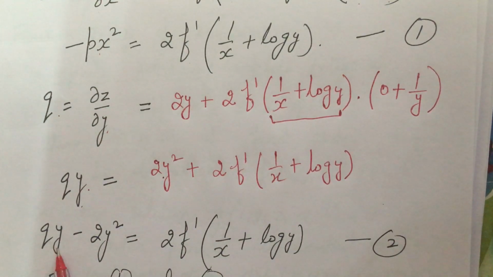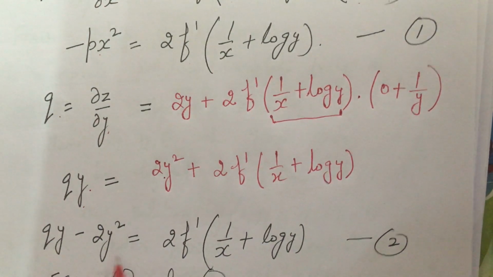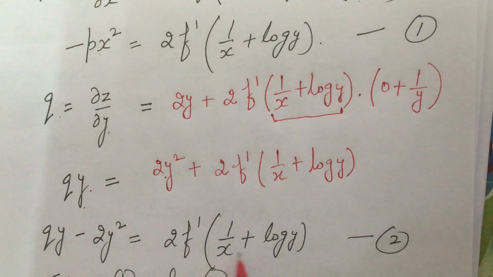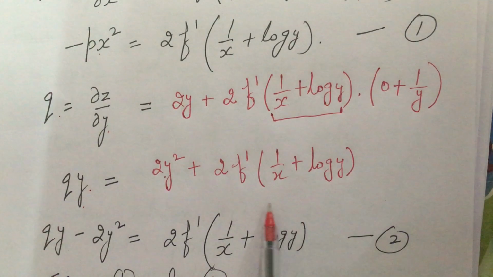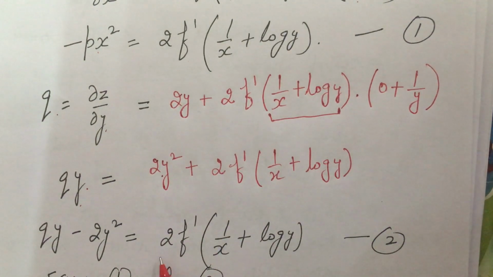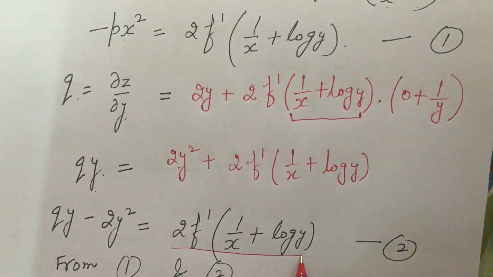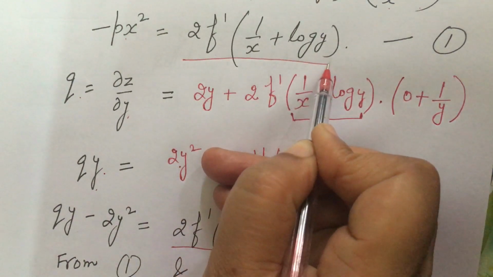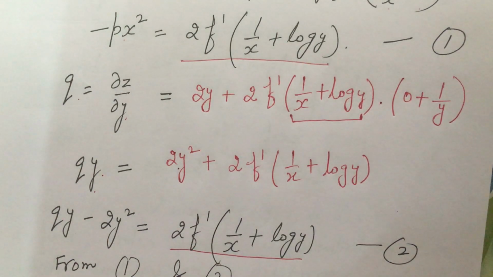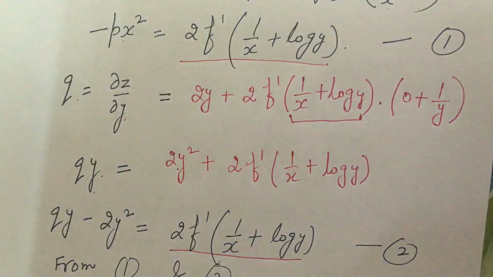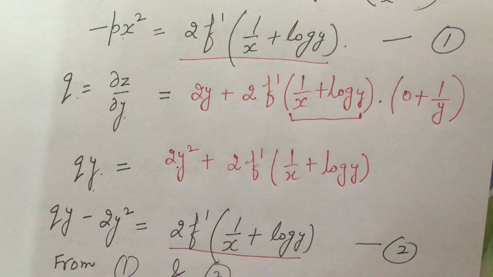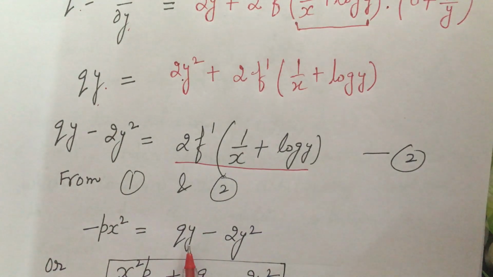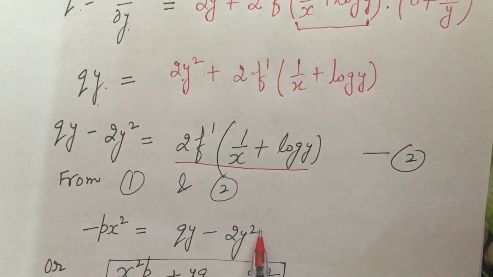You will get qy minus 2y square is equal to 2 into f dash of (1 by x plus log y). From the first equation, this value on the right hand side is equal to the one in equation number 1. You can equate equations 1 and 2. Right hand sides are equal, so we can say that left hand sides are also equal. So minus px square is equal to qy minus 2y square.